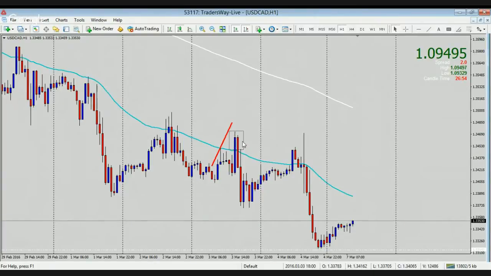Why is it a peak formation? What did the market maker do? The market maker pushed up so quickly and then pulled down. This would be considered momentum trading.